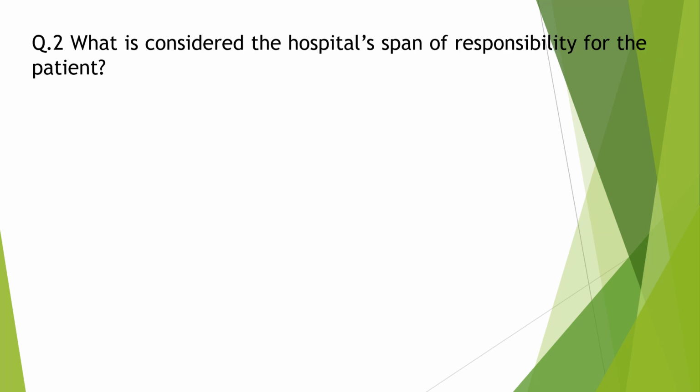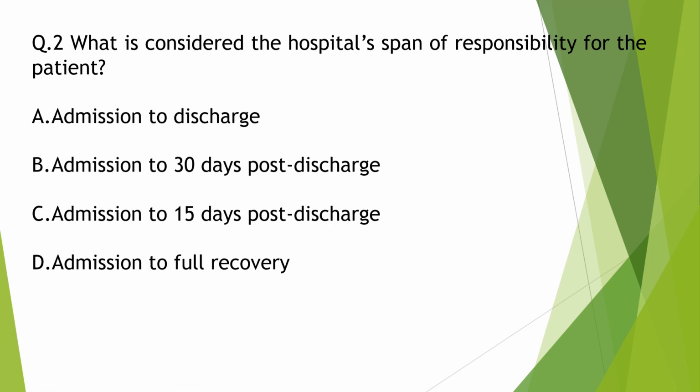Moving on to the second question. What is considered the hospital's span of responsibility for the patient? So for how many days is the patient the hospital's responsibility? Admission to discharge, admission to 30 days post-discharge, admission to 15 days post-discharge, admission to full recovery.